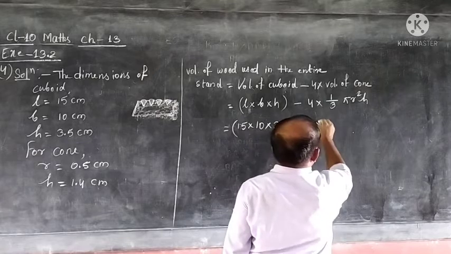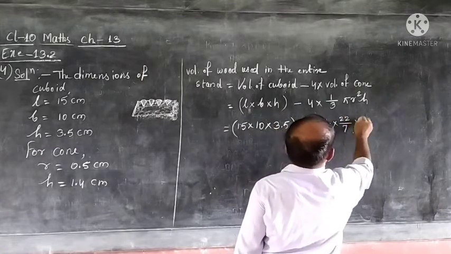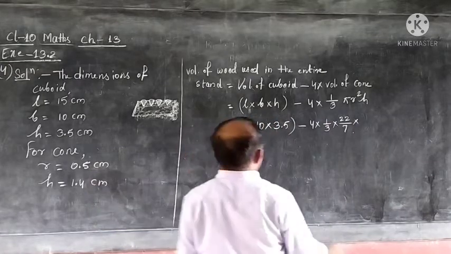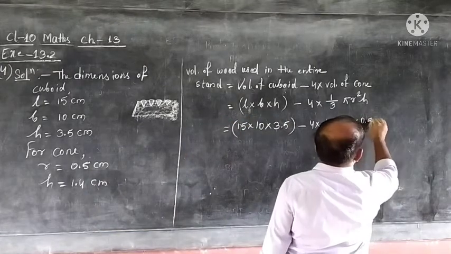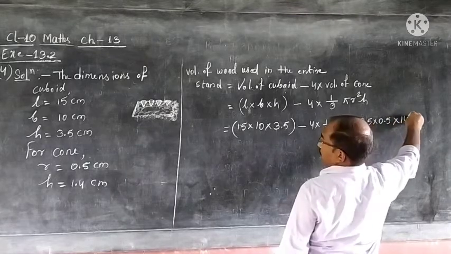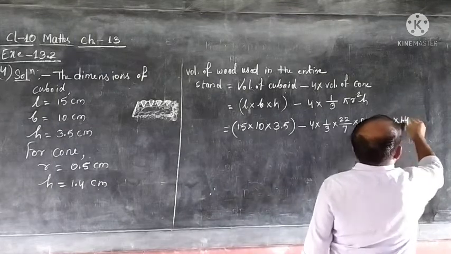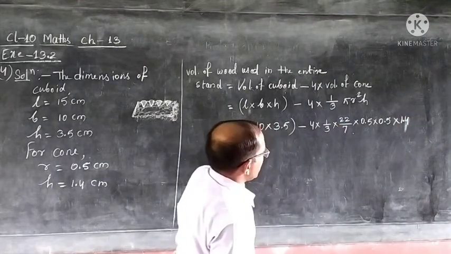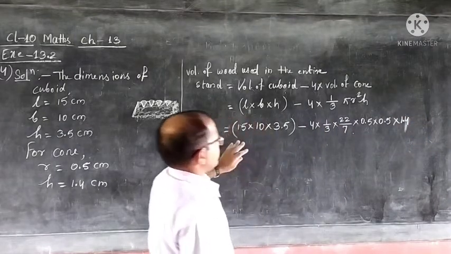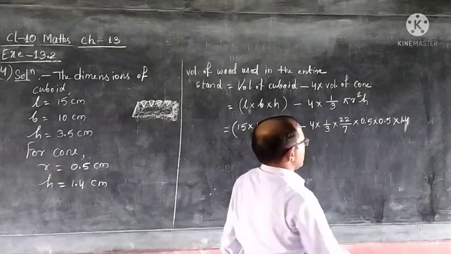Now, 4 into 1 by 3 pi, 22 by 7, radius of conical portion is what? 0.5, square is there. So, 0.5 into 0.5, and then height is also in decimal, 1.4. Now, here we see we can't take anything common. So, we will do this part calculation and that part calculation separately.